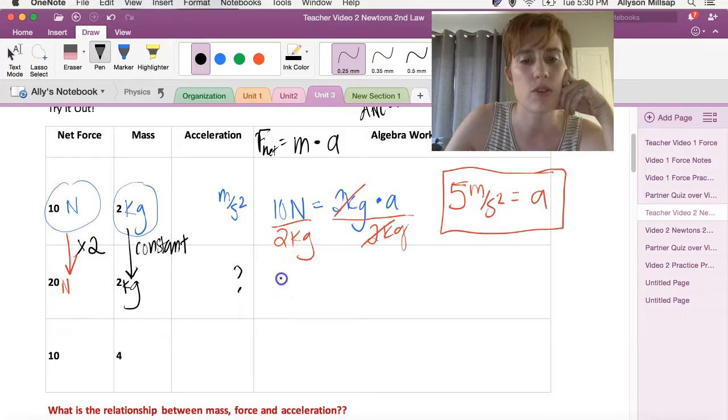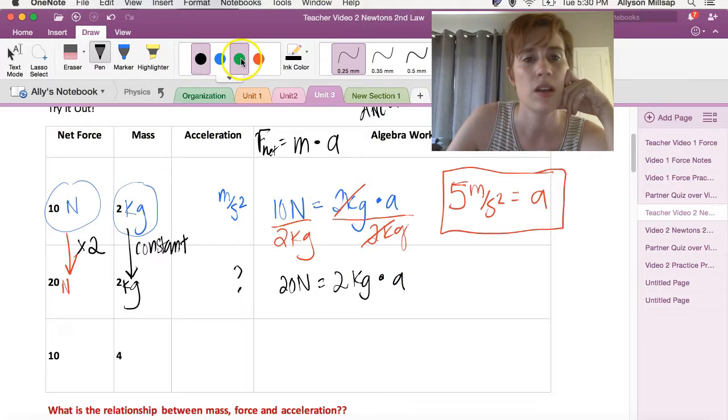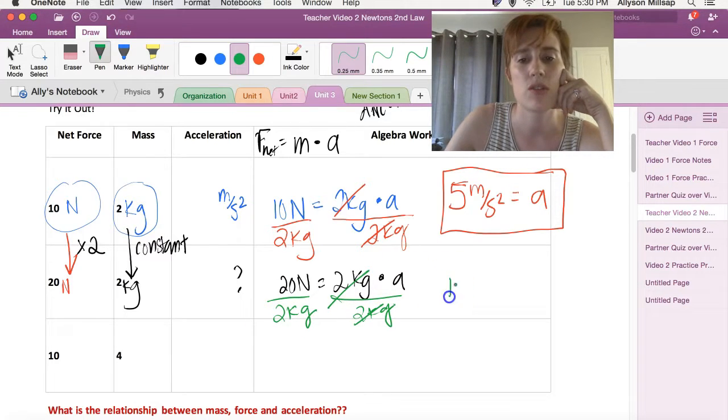Well, let's use our formula. 20 newtons of force equals 2 kilograms, that's the mass, times acceleration. Let's solve for acceleration, just like we did above. Okay. 20 divided by 2 is 10 meters per second squared.